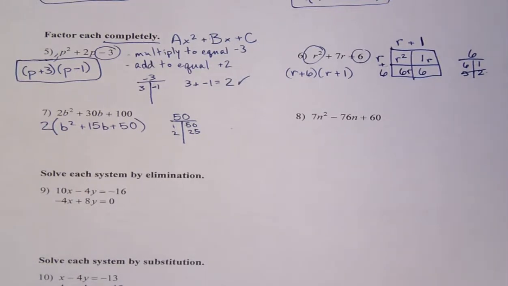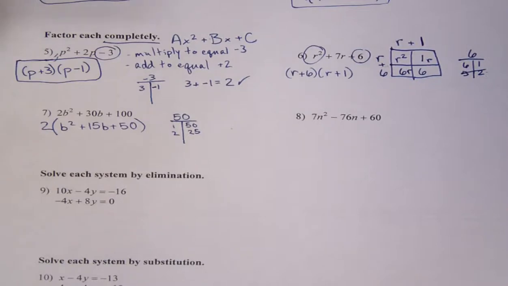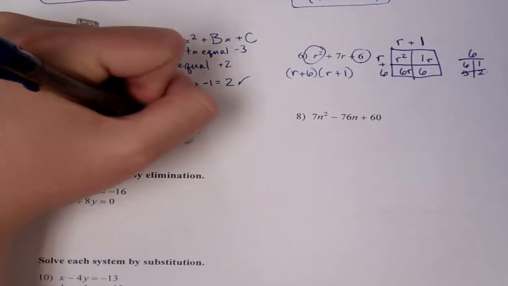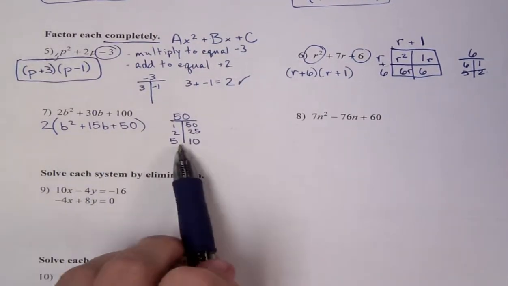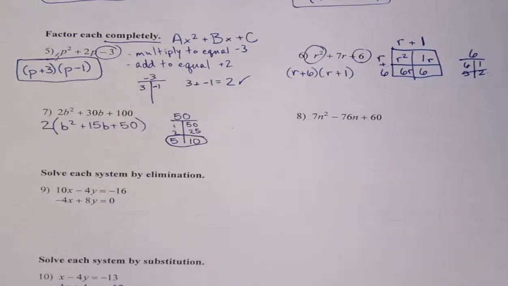it doesn't simplify evenly into 3. 50 divided by 4 also doesn't come out even. 5 times 10 is 50. Ooh, what do we have going on here? These two numbers add to equal 15. So these are those factors we need, because they multiply to equal that, and add to equal the second coefficient, or the b coefficient.